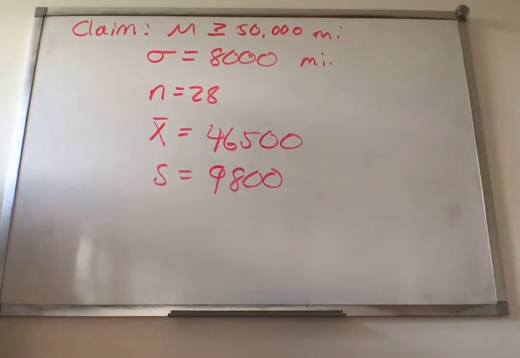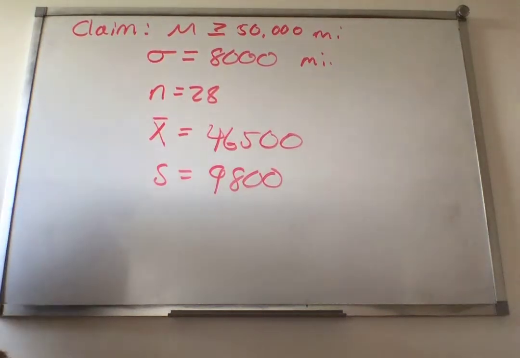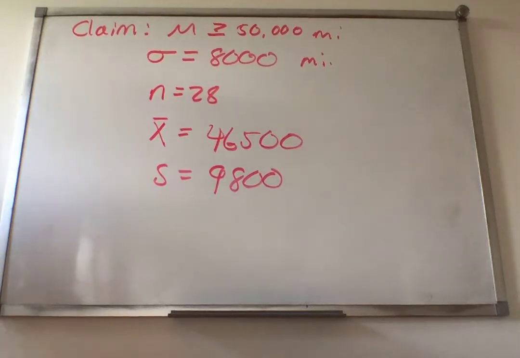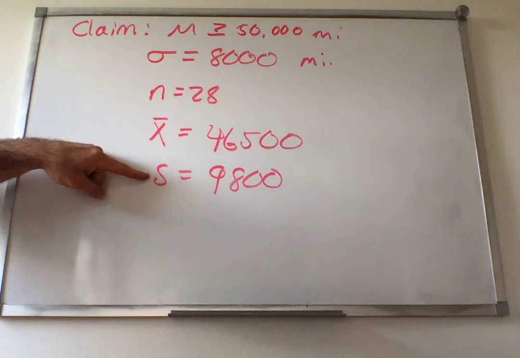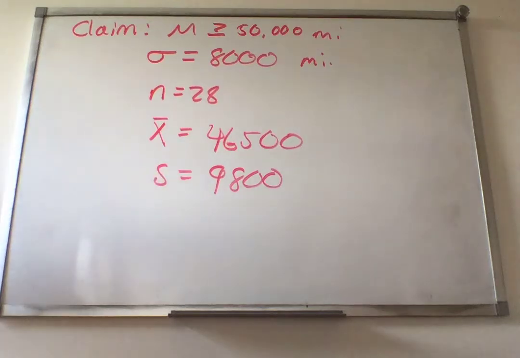Is the data highly inconsistent with the claim? Okay. Now, them telling us the sample standard deviation in this case is irrelevant, okay? So we don't even need this. So we could just get rid of it.